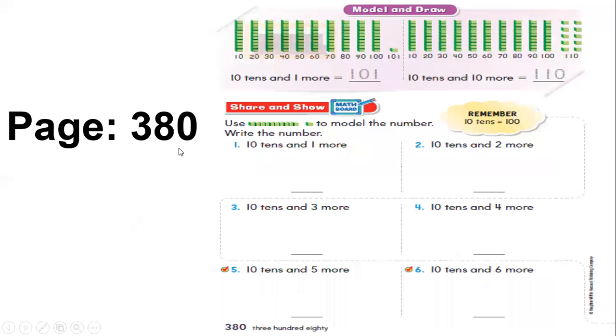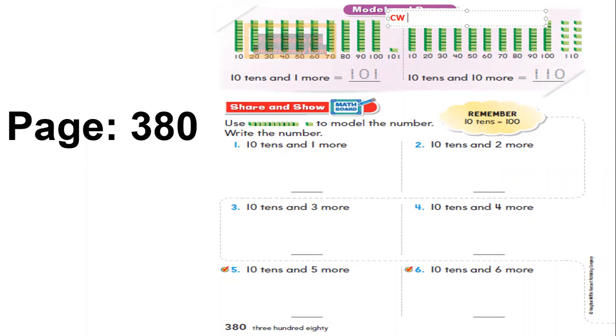Now let's move on to the textbook, page 380 everyone. Open page 380. Let's write the date on the top. That's CW.